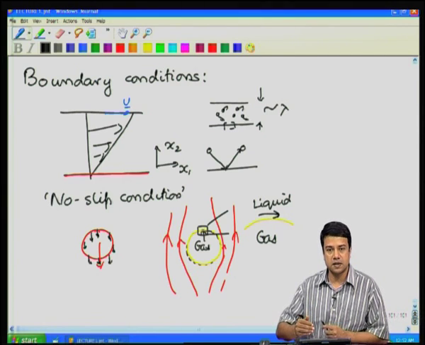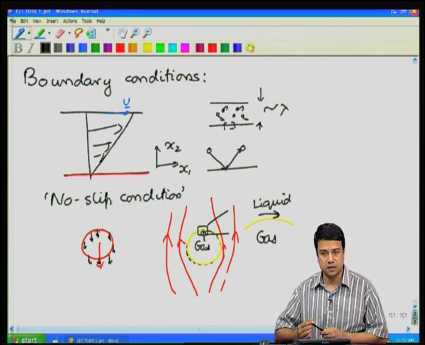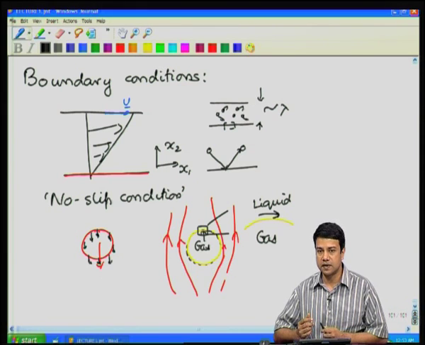Any shear stress that is exerted by the liquid on the gas is going to result in a rate of deformation within the gas, a rate of strain within the gas. However, the viscosity of the gas is significantly smaller than the viscosity of a liquid. So, any liquid stress that is exerted will result in an enormously large rate of deformation in the gas.